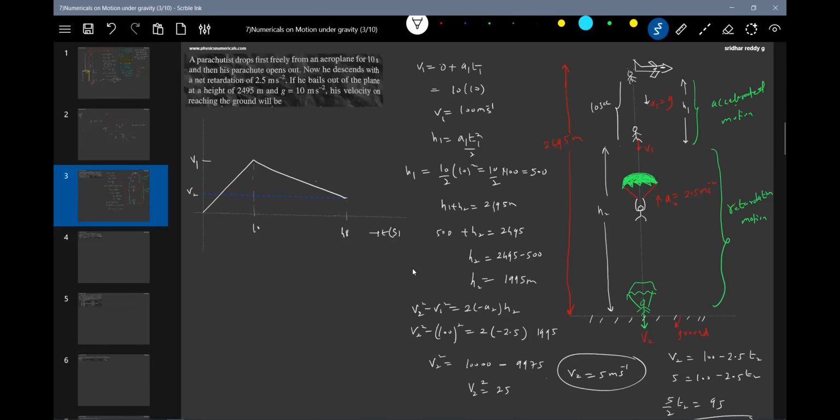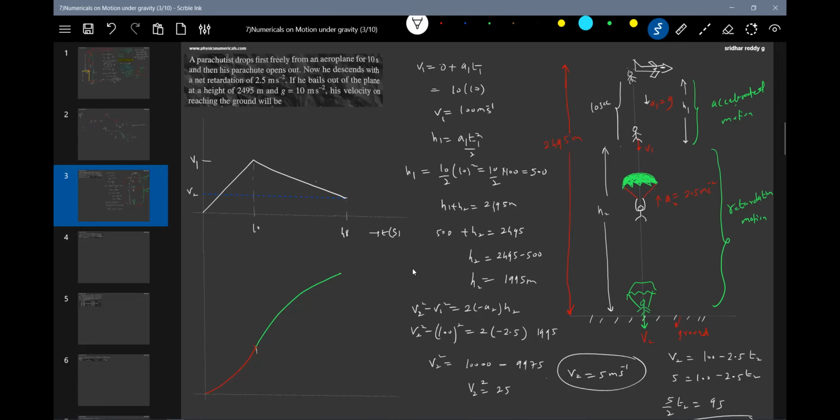That is the VT graph. What about the position versus time graph? First it will accelerate, then you will undergo retardation, and it will not come to rest. You land onto the ground with a certain velocity.